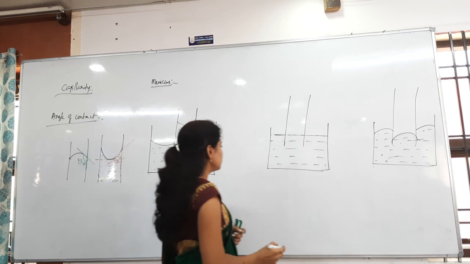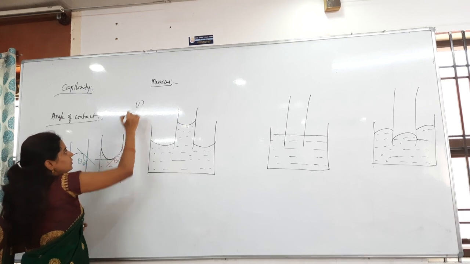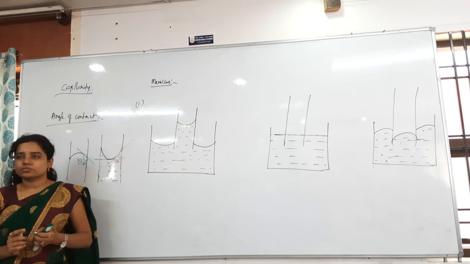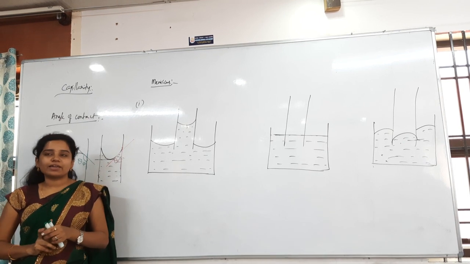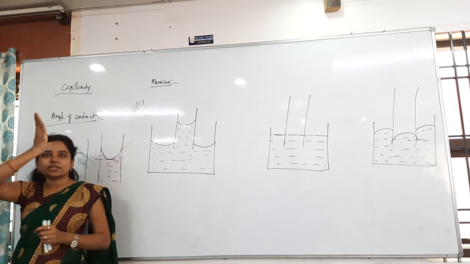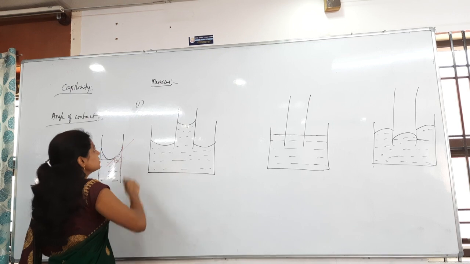At a time we will discuss all, by comparison only. So first one, which meniscus is this? Concave or convex or what is that? Concave. Depressed, right? That means it is a concave meniscus. This is a concave meniscus.